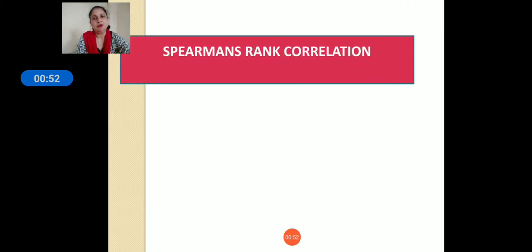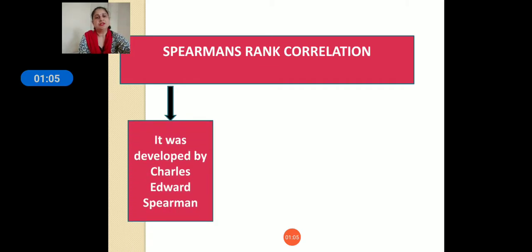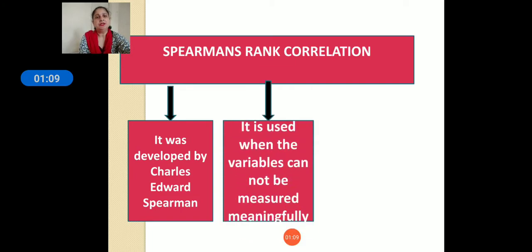So in this video especially, we are going to focus on Spearman's rank correlation. Though there are three methods, only one method we are taking up in this particular video. Spearman's rank correlation coefficient was developed by Charles Edward Spearman, and this is used when variables cannot be measured meaningfully.